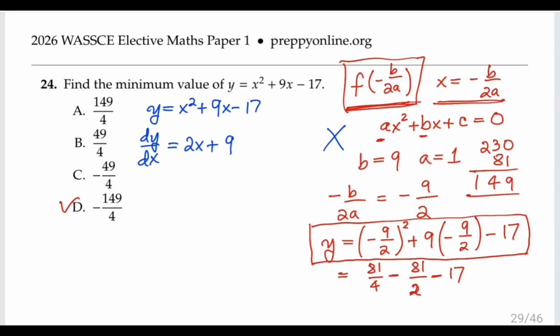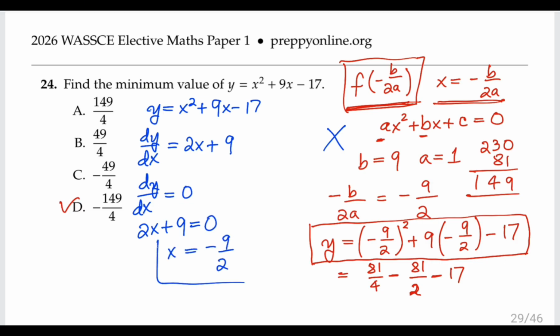So what we know from calculus is that the minimum or the maximum, whatever critical point there is, must occur when the derivative is equal to 0. So what happens when the derivative is equal to 0? We have 2x plus 9 is equal to 0, and x equals what? Minus 9 over 2. So here you see we've got the same minus 9 over 2 that we got from this.